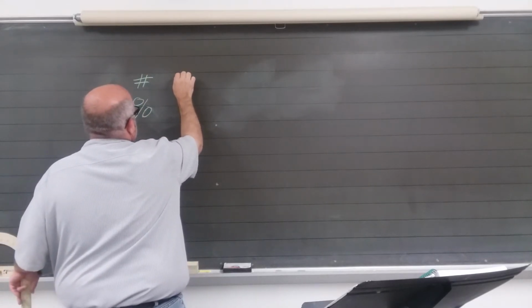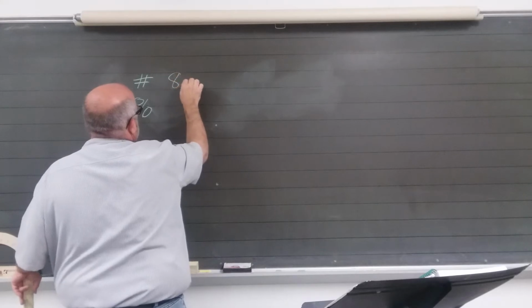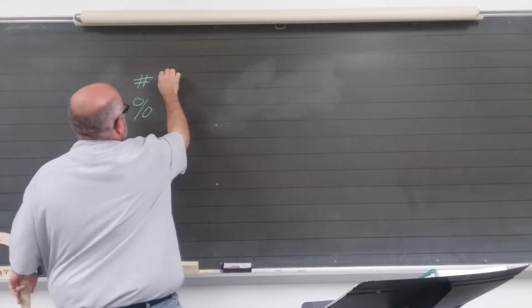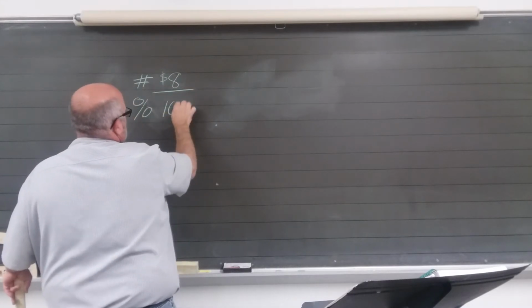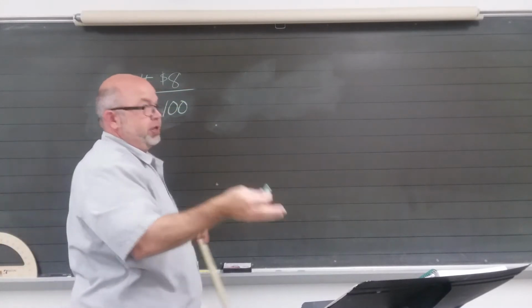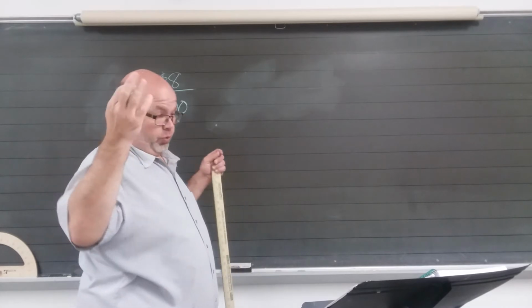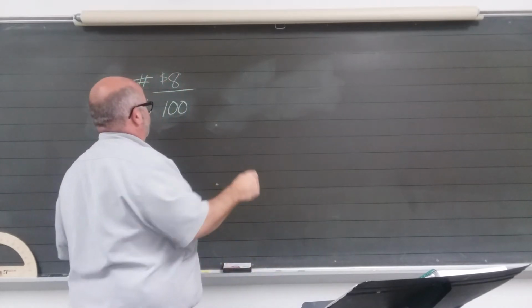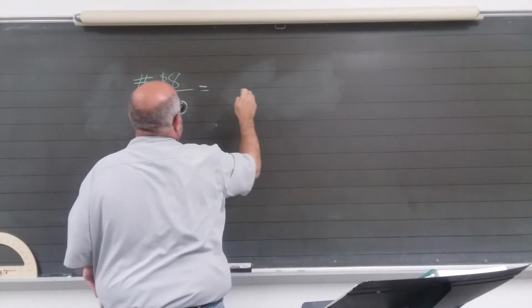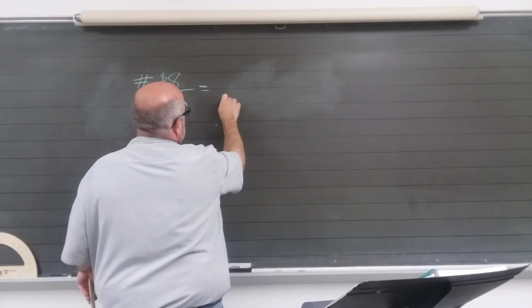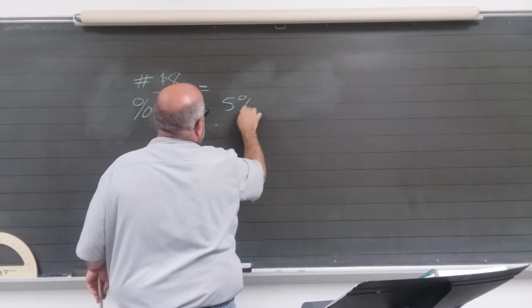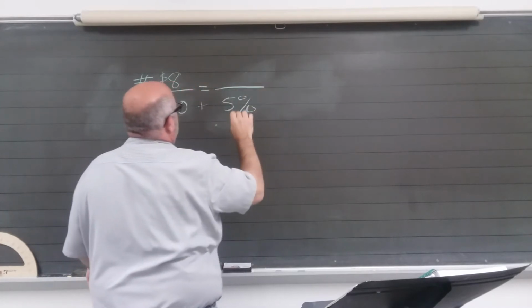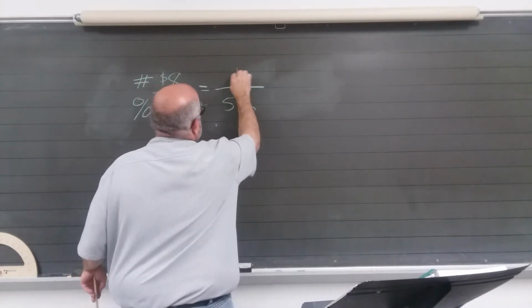So $8, your price, and you can skip that 0. So your $8 is 100%. That's how much your bill is before the tax, 100%. You're going to increase this by 5%. So you're adding 5%. Okay? So your missing number is the tax.